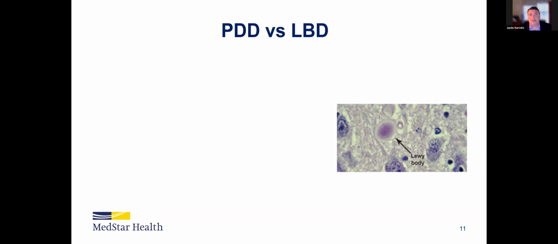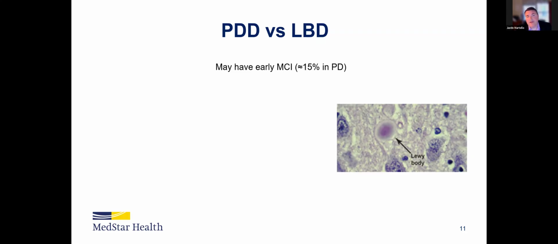The Parkinson's disease dementia person will say, I have all these issues, but I've had Parkinson's for like 10, 15 years, right? So LBD, Lewy body dementia, is much more rapidly progressive and includes early issues of dementia and psychosis.